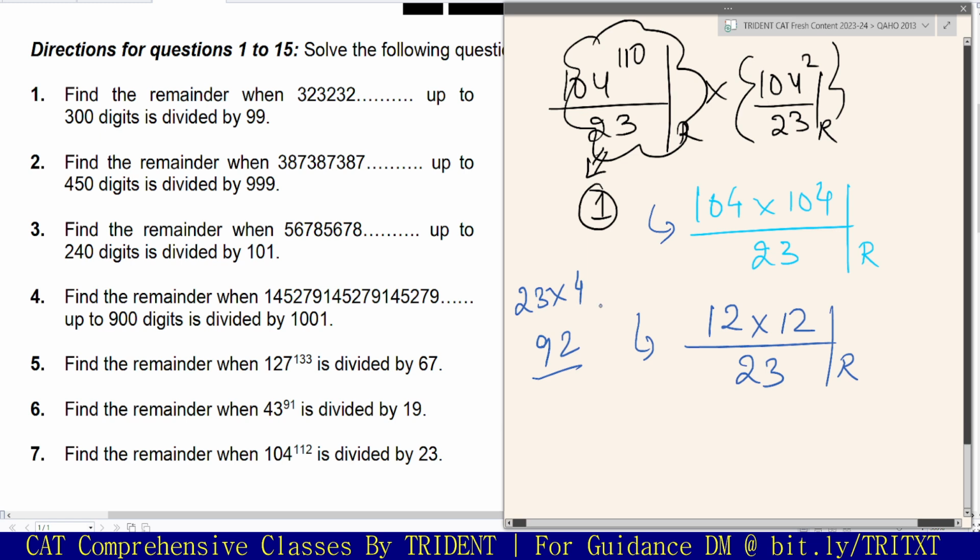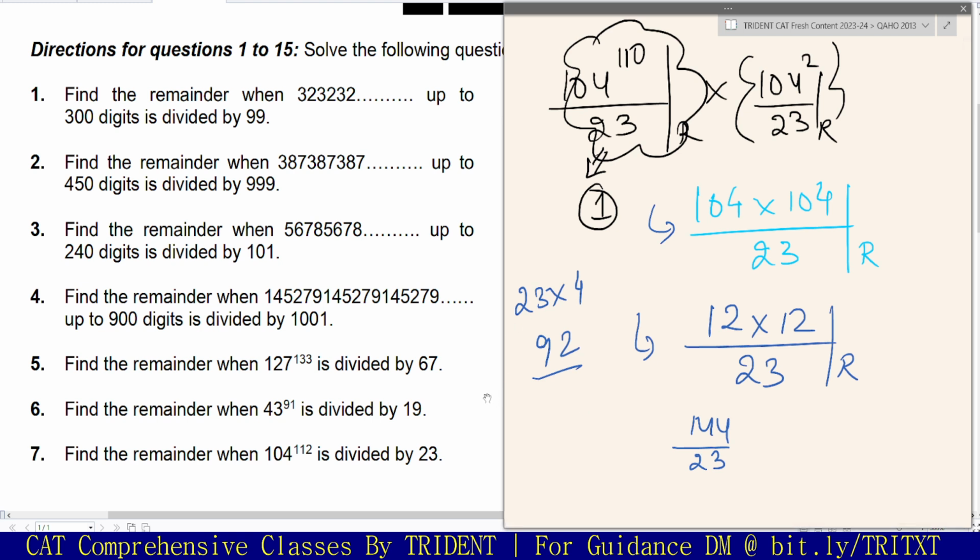So 12 into 12 is 144 by 23. Again, you just need to find a number that is preferably closer to 144. Is there any better method? No, I think we can do this much.